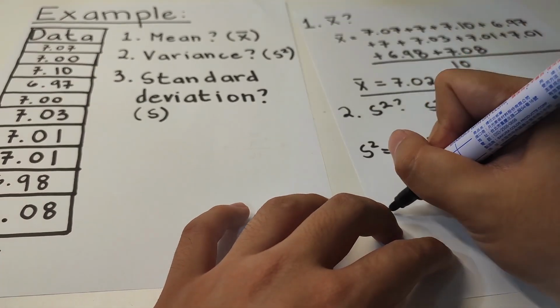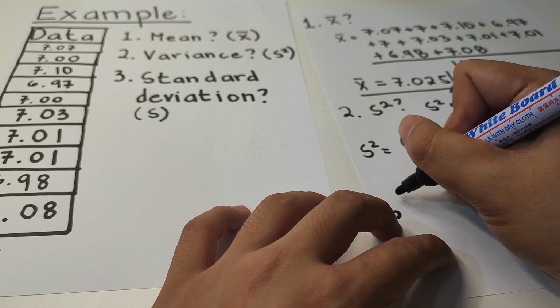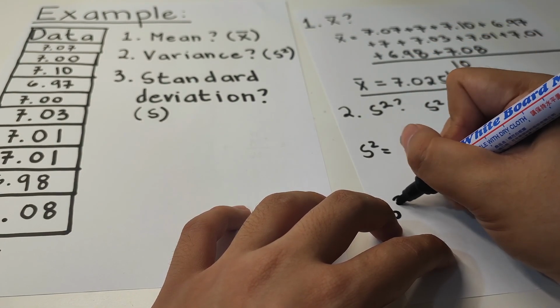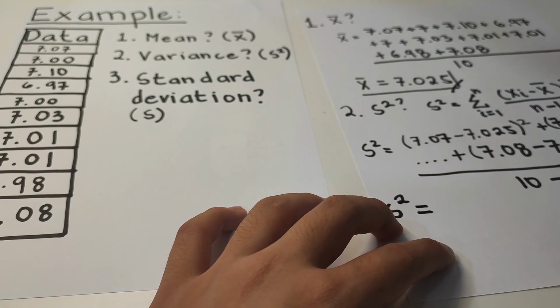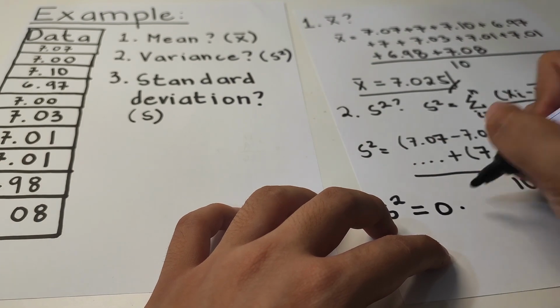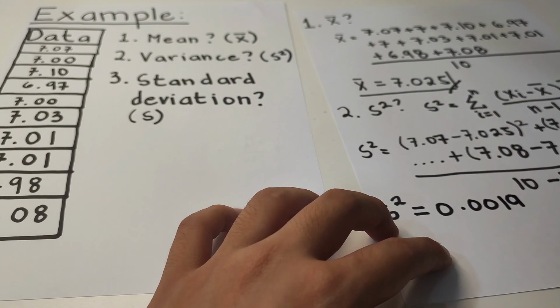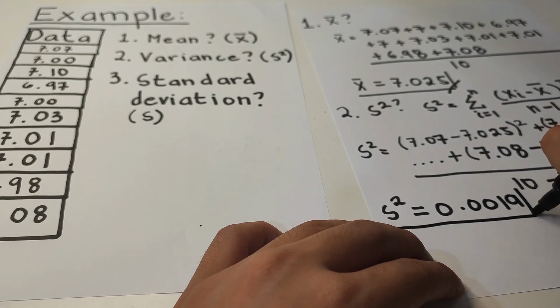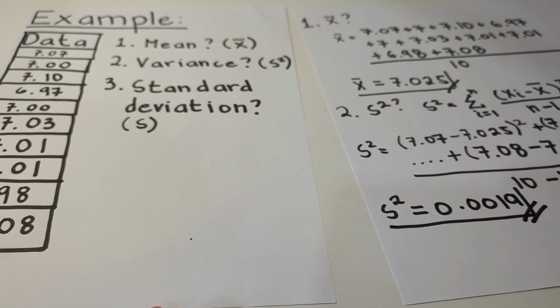So now our sample variance is equal to 0.0019. This is our sample variance.